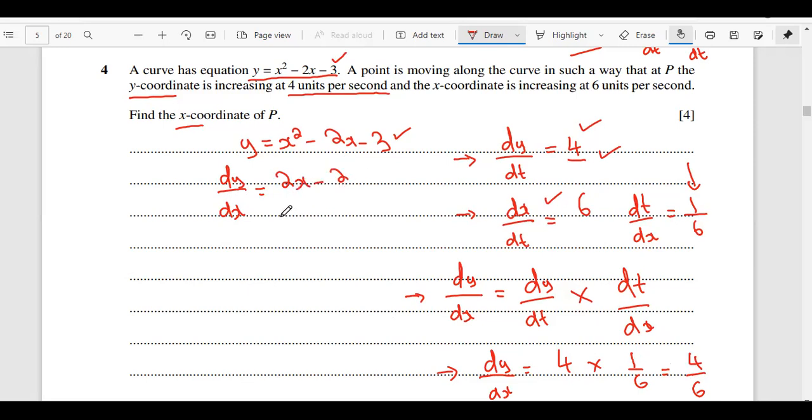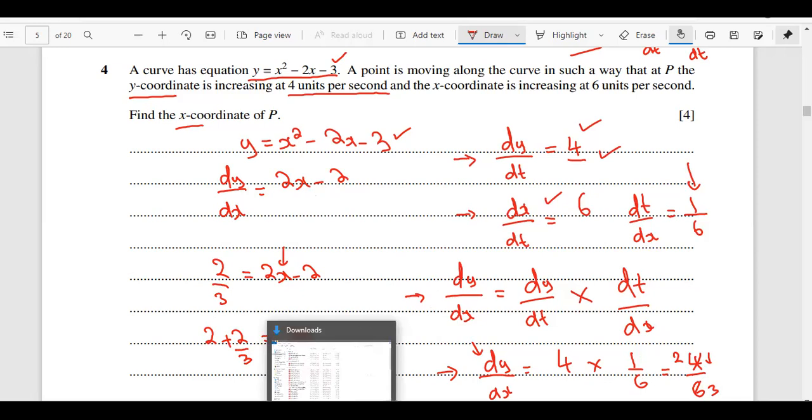The value of dy by dx is 4 by 6, which is 2 by 3. So 2 by 3 equals 2x minus 2. Now this is one equation and the variable is x only, so I can simplify this easily. 2 plus 2 by 3 is going to give you 2x, and once we make x the subject, this is going to be 4 by 3.